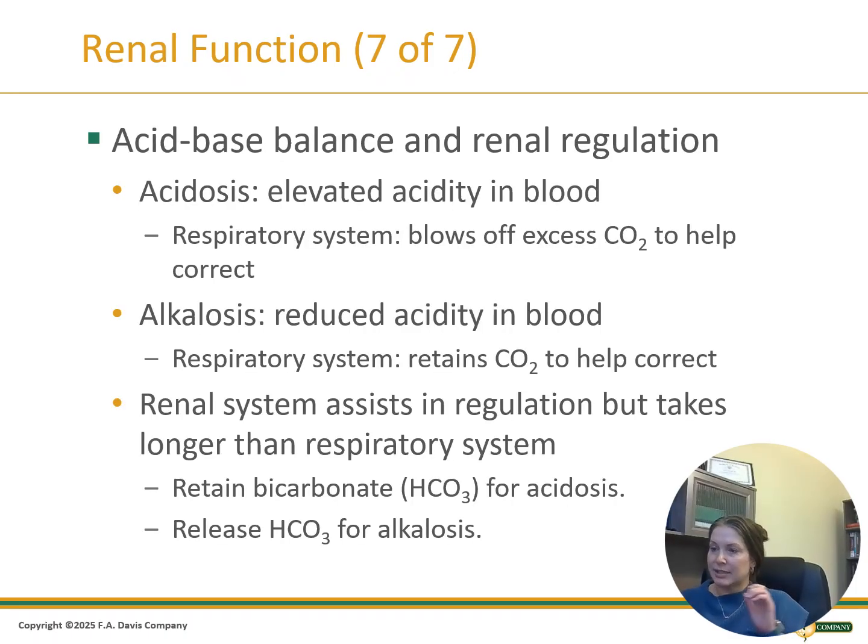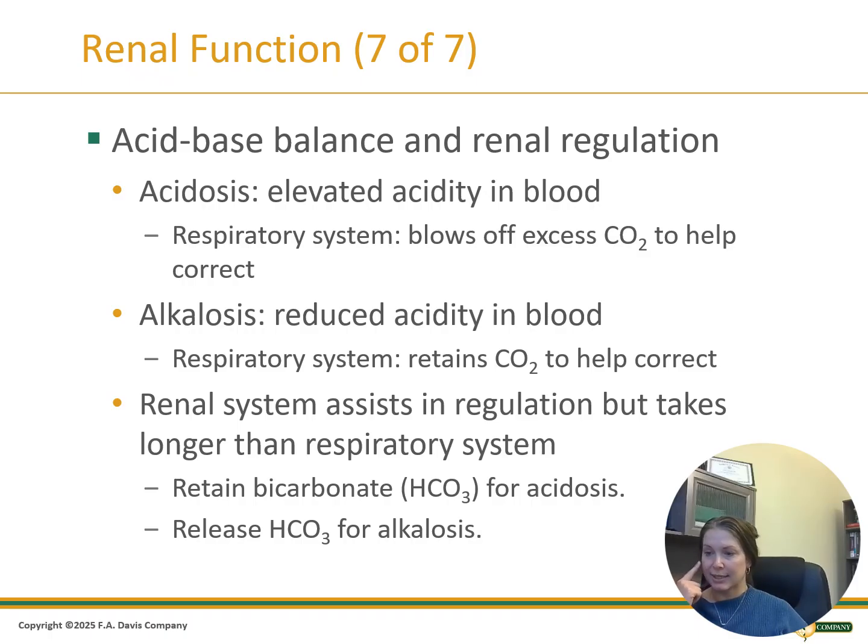Alrighty, so moving to our acid base and renal regulation. These were really hard concepts for me to get. So for acidosis, meaning that our acidity is up in our blood and we have a low pH, we can compensate with our respiratory system or our renal system.